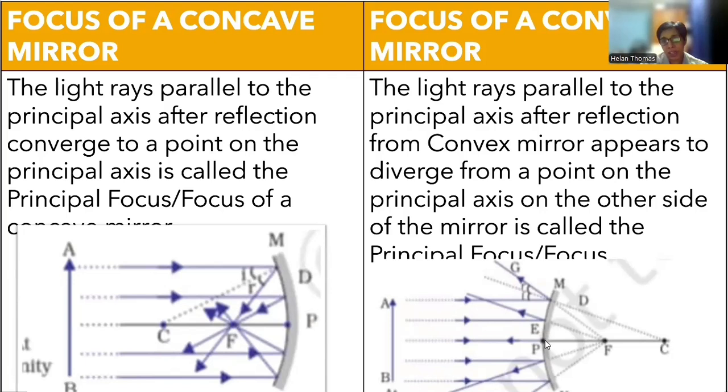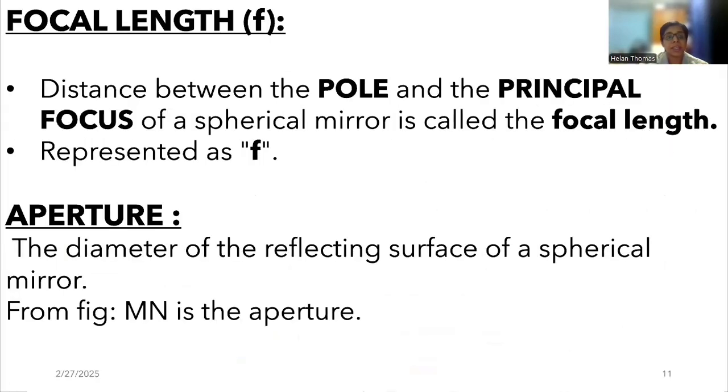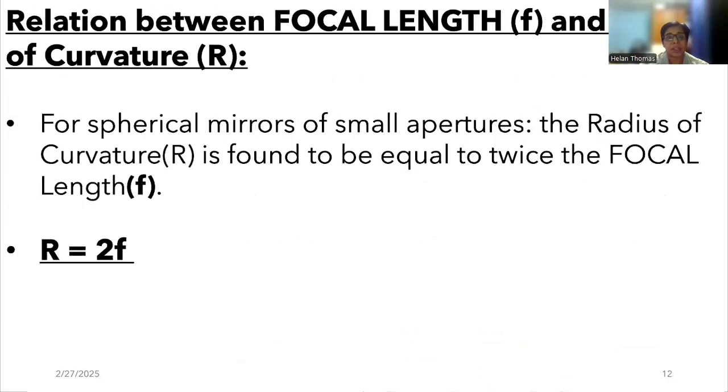In the convex mirror, again the distance between the pole and the focus is the focal length, where the diverging appears to happen from this point F. This is represented by the letter small f. And aperture, as I said, the diameter of the reflecting surface of the spherical mirror is the aperture.